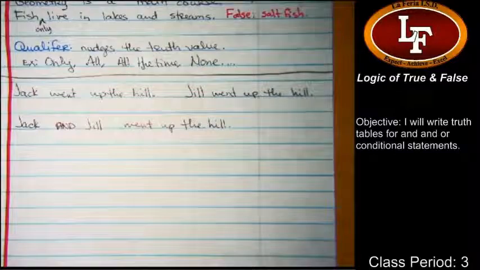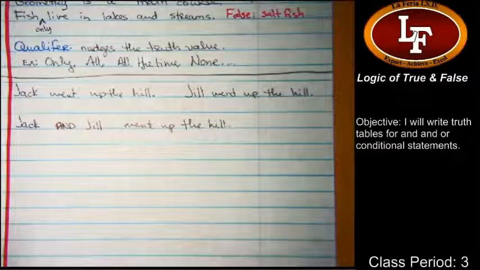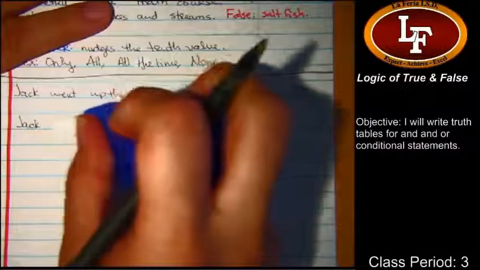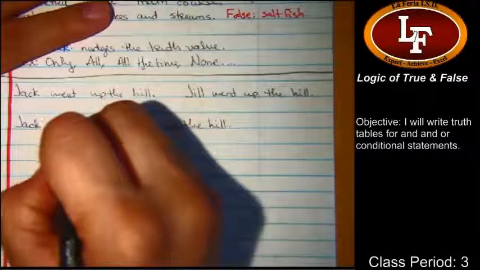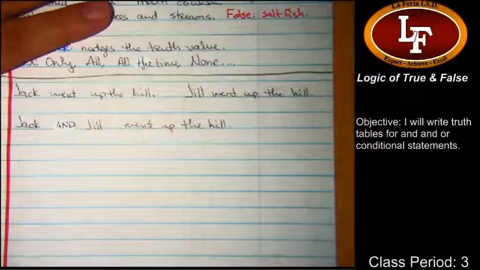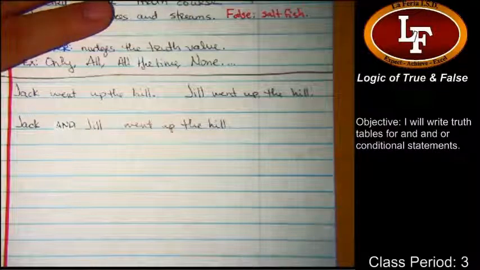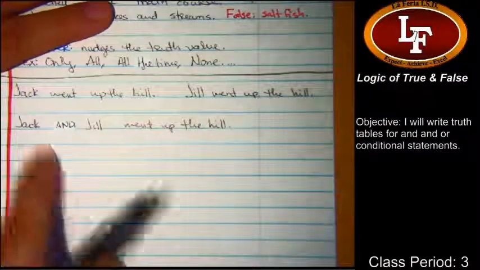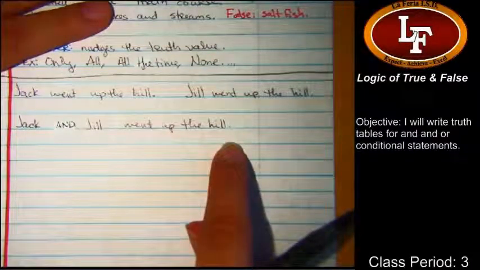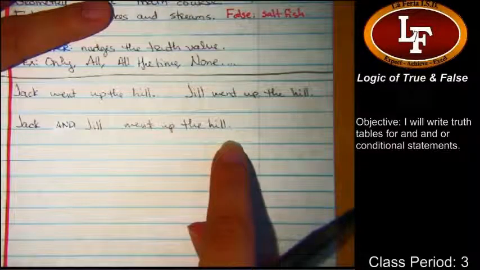In order for that statement to be true, what has to be true? They both went up the hill. If they both went up the hill, then the statement Jack and Jill went up the hill is true.